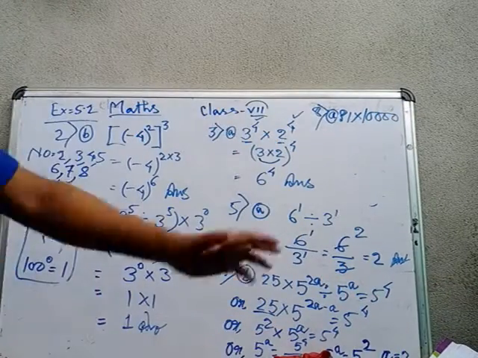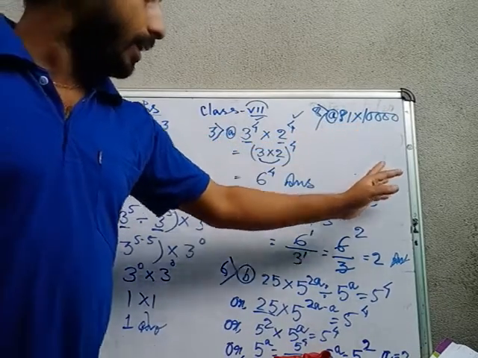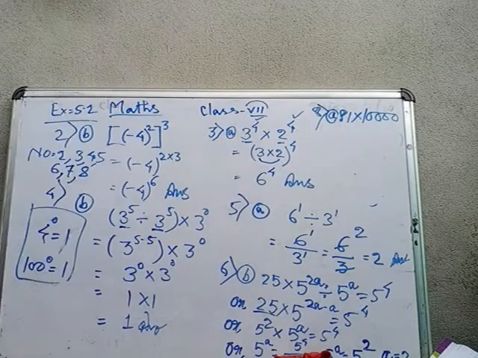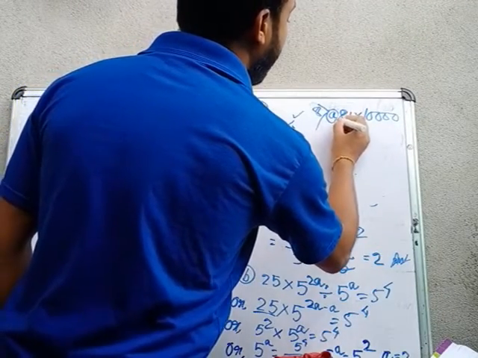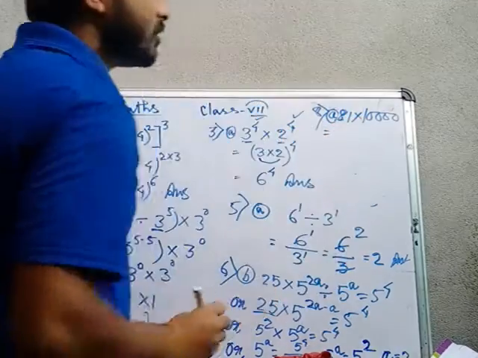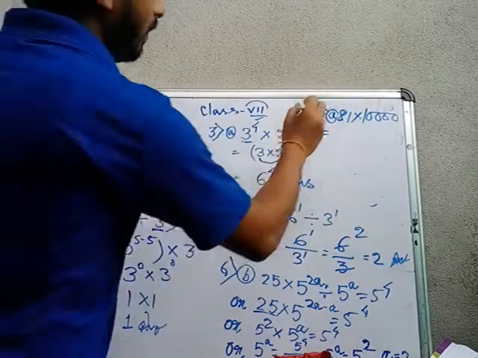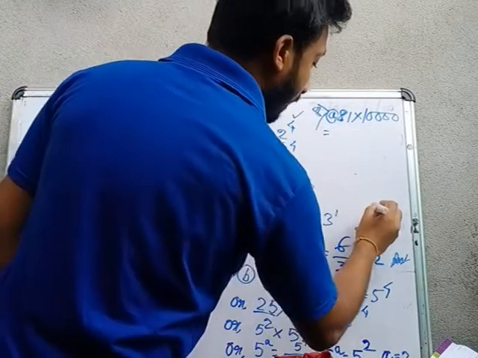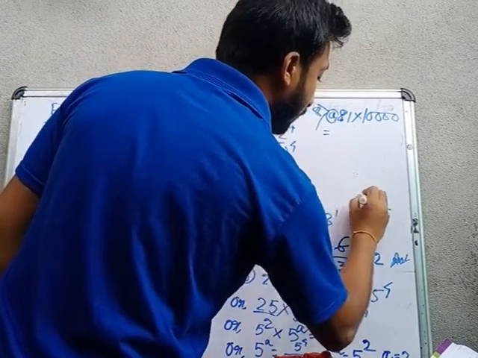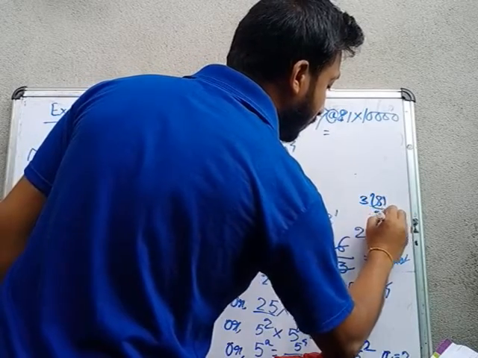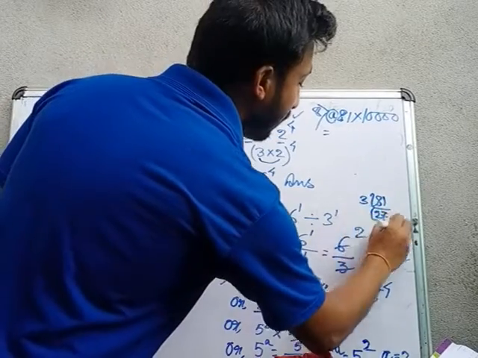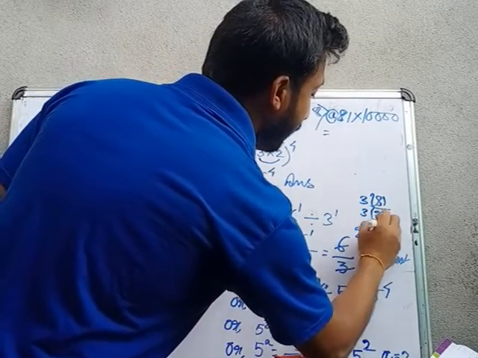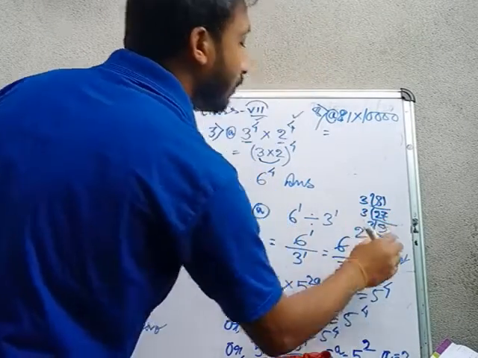First I will tell you: write the following in exponential form. That means you should write the number in the base and power form. At first write 81. 3 27s are 81, 3 9s are 27, 3 3s are 9. That means four 3s here.